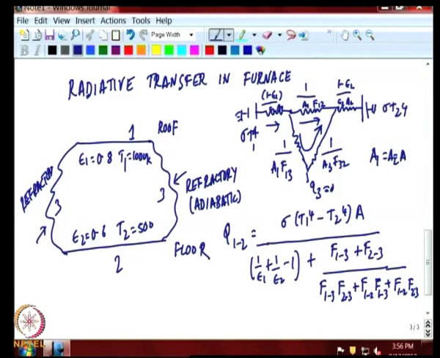So, all possible combinations are here because you have reflection from the adiabatic side walls.